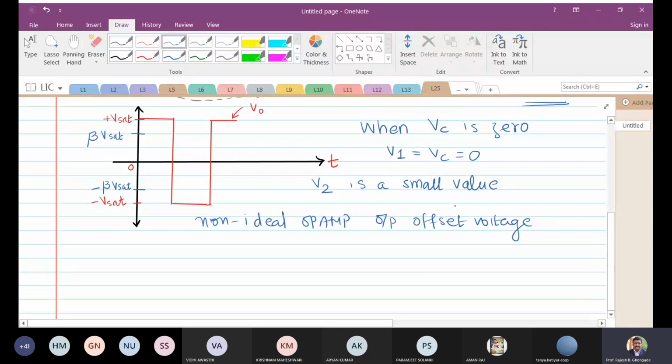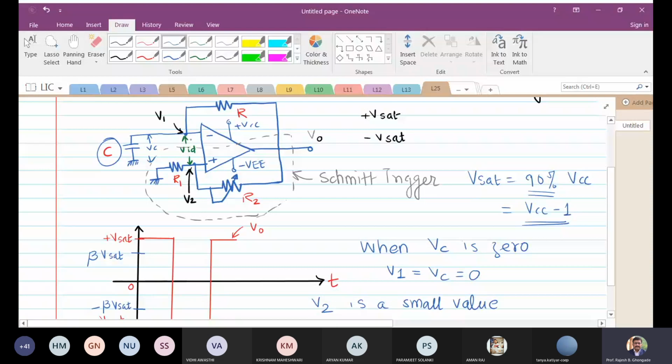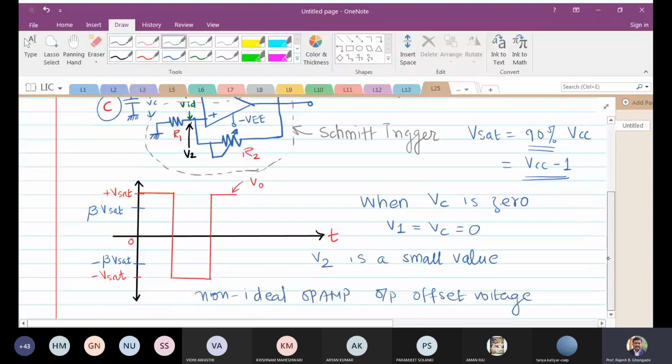Output offset voltage means that even if the voltage between the non-inverting and the inverting terminals is 0, the output voltage is non-zero. That is because of the slight imbalance at the differential input pair of the transistors in the first and the second blocks of the operational amplifier. So the output offset voltage will be a non-zero value.